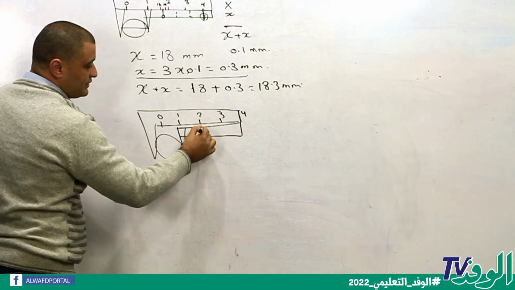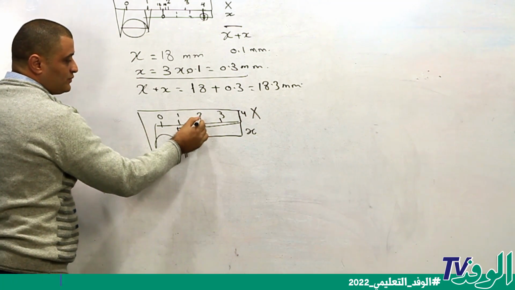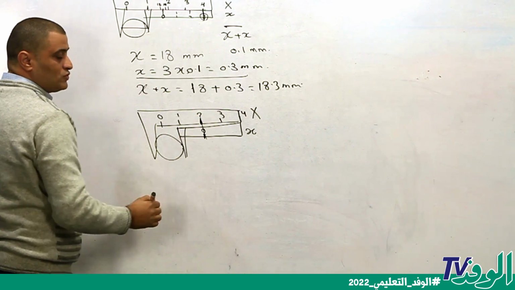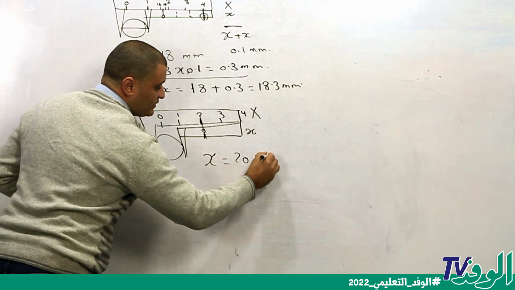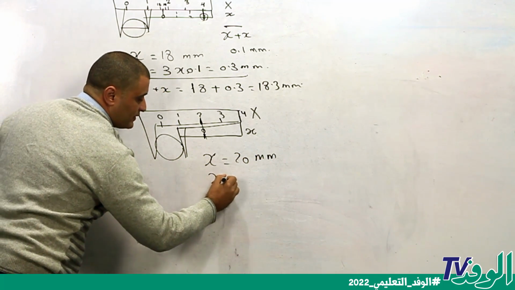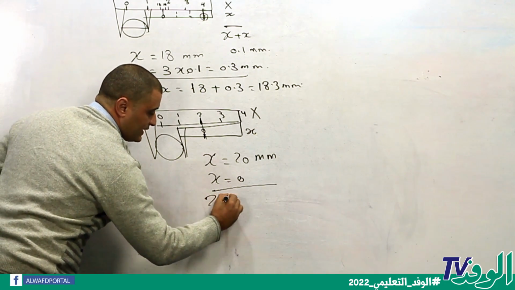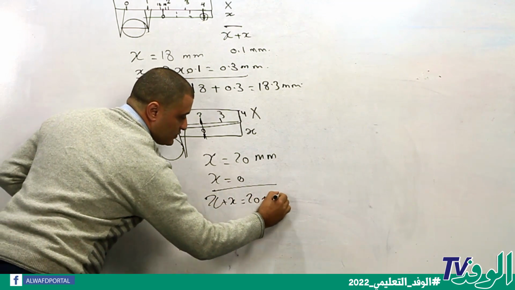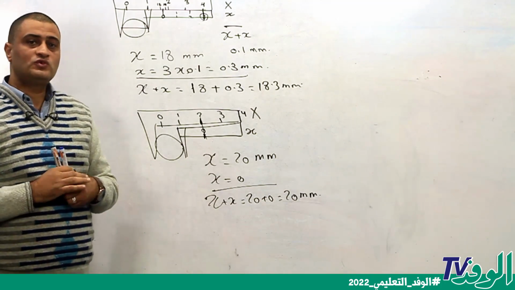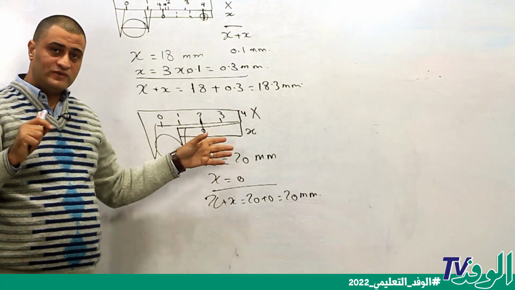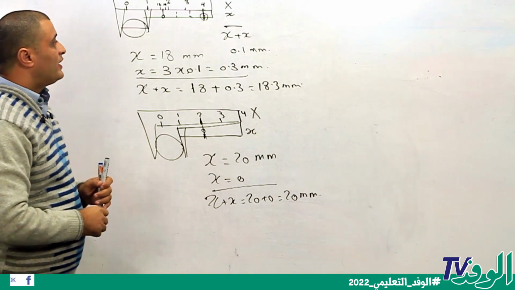Suppose the 0 from X small lines up with 2. So the reading becomes X capital equals 20 millimeter, X small equals 0, so the summation X capital plus X small equals 20 plus 0 equals 20 millimeter. So we don't have to search for a number on the vernier scale which lines up with another number on the fixed scale.